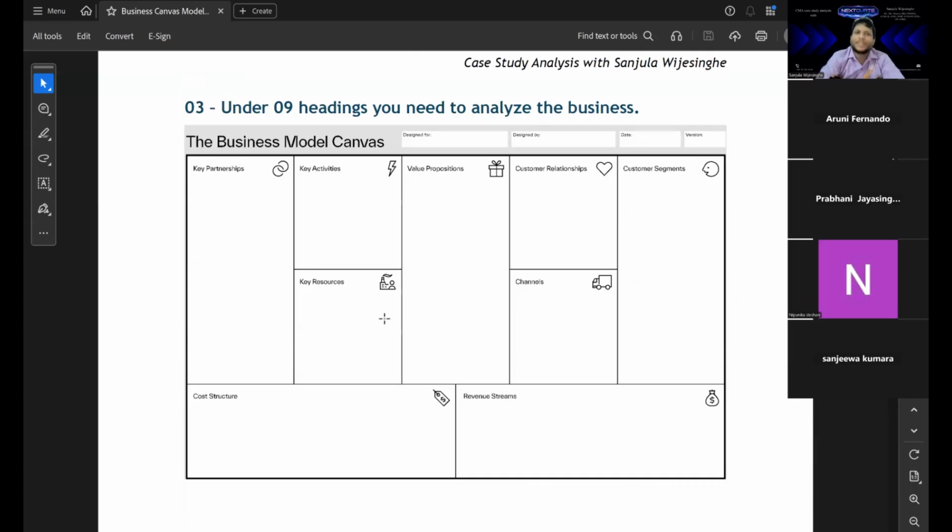Now we analyze what the business canvas model is, what is meant by key partnership, who the key partners are, who our main customers are, what our channels are and all things. Now we identify the strengths and weaknesses as well. After identifying the strengths, weaknesses, inefficiencies and especially risk, we need to redesign this business model. That is the purpose of this.